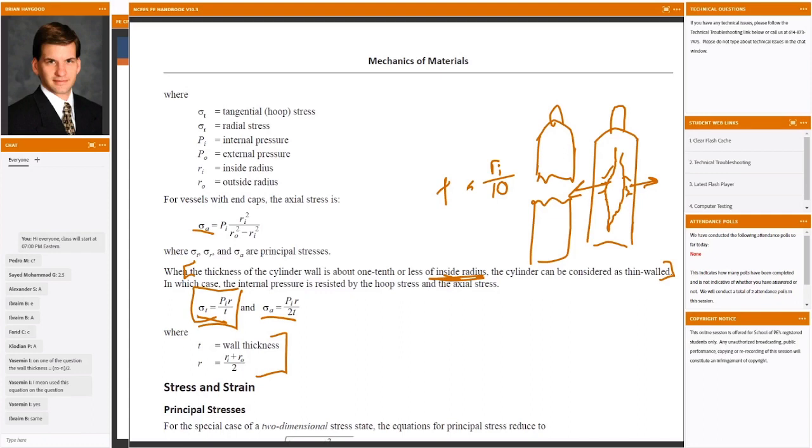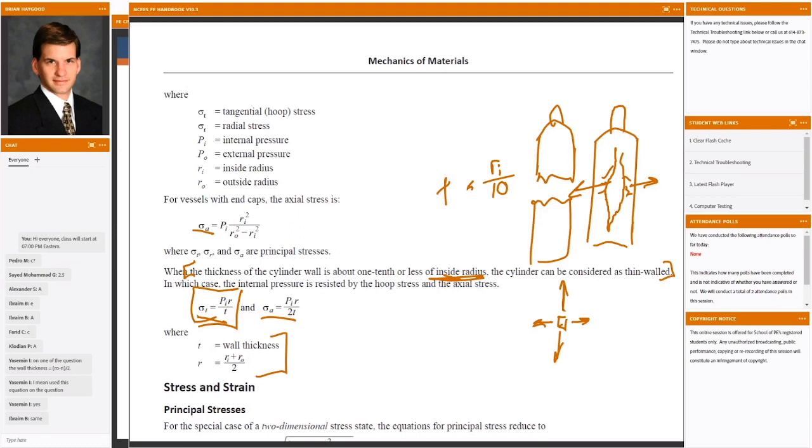We're interested in this axial stress because at any given point in this material, we've got the combination of axial stress and tangential stress and radial stress. And so those act in concert with each other. You can't just consider one without considering the other.